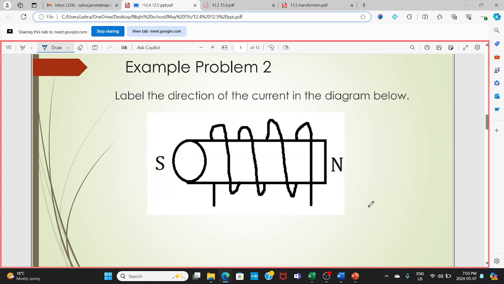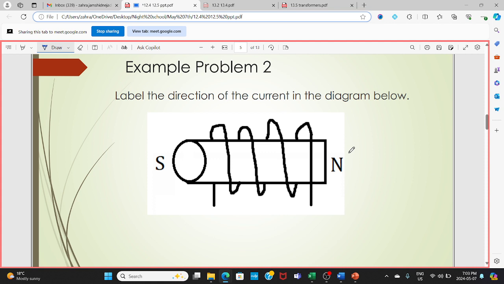So here is another example. Label the direction of the current in a diagram. So you have a north and south. So what you do right now, I want everyone to try. Put your right hand thumb in the direction of the north, and then put a pencil, make sure that your thumb is in the direction of that pencil.